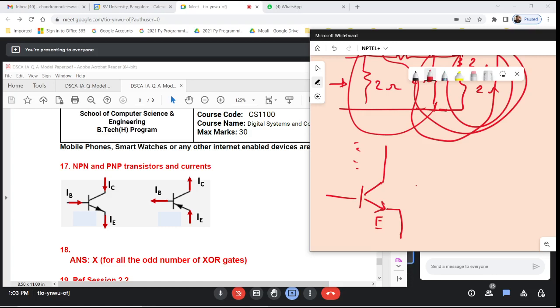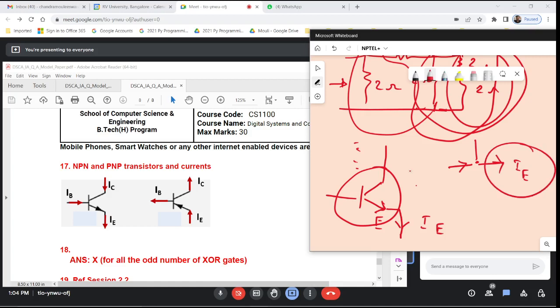If you consider the transistor as a single node, whatever current goes in has to come out. So imagine this is the IE current, and IE is the source. The directions of these two should be different from the IE direction.